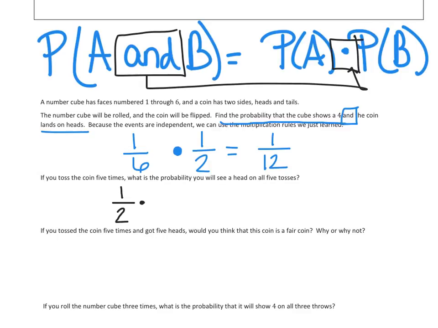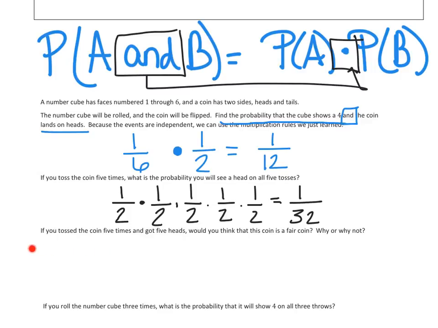And if I toss it a second time, the probability I get a head is 1/2. And a third time, and a fourth time, and a fifth time. Do you notice how it's an "and"? It's not "or." It's not this one or this one. It's I'm going to get a heads and a head and a head and a head and a head. So I'm allowed to multiply, and I get 1 out of 32.